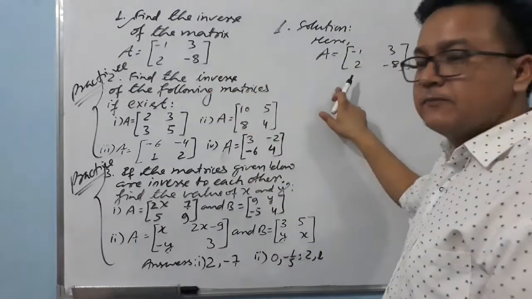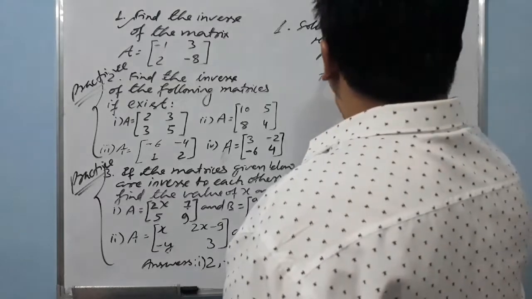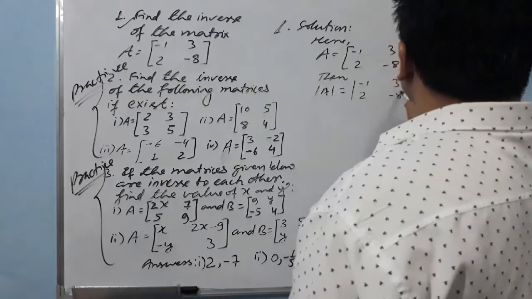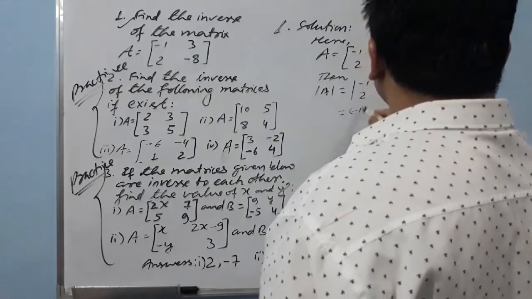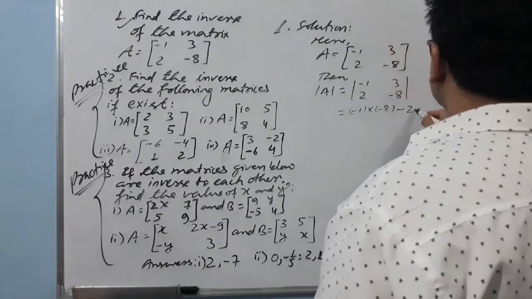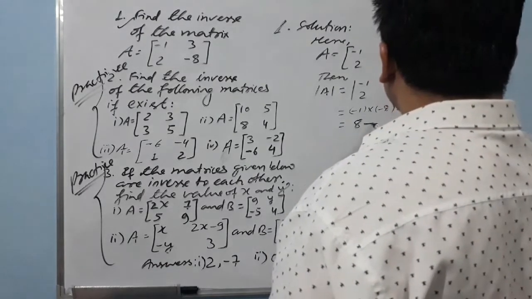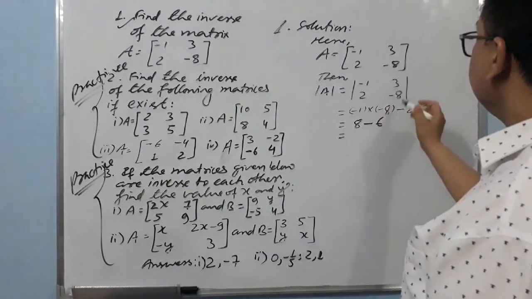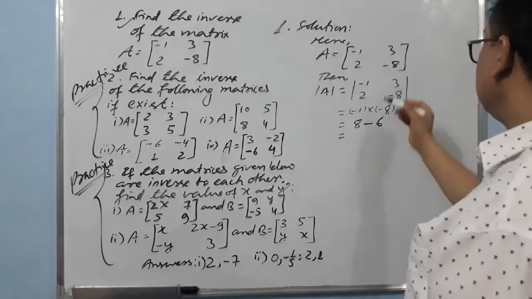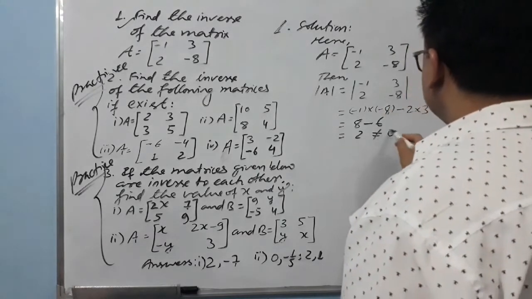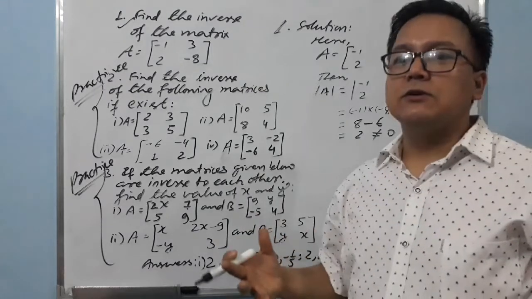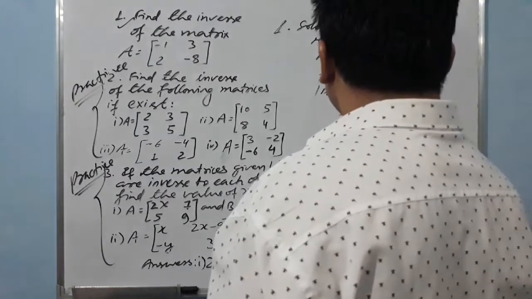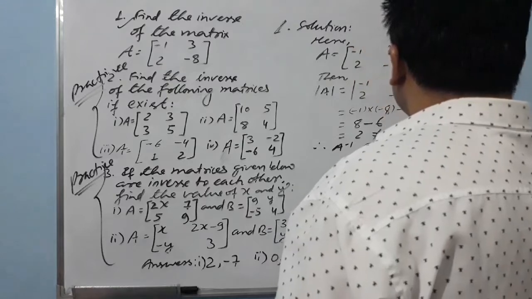Firstly, you will find the determinant of A. The determinant is minus 1 into minus 8, minus 2 into 3, which is 8 minus 6. You will get 2, which is not equal to 0. If the determinant of A is not equal to 0, the matrix is a non-singular square matrix, so A inverse exists.